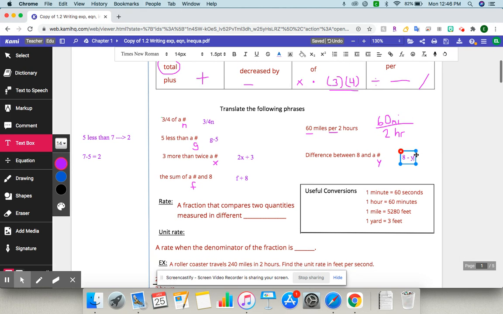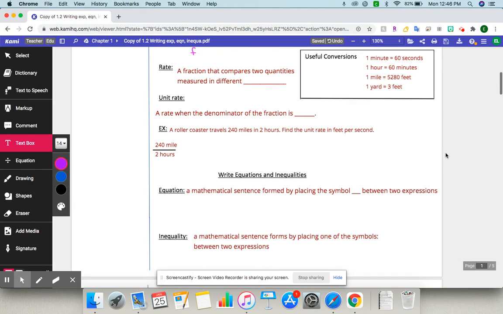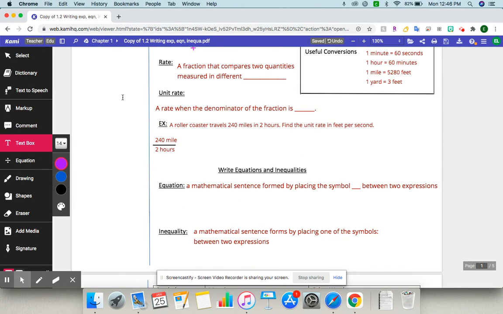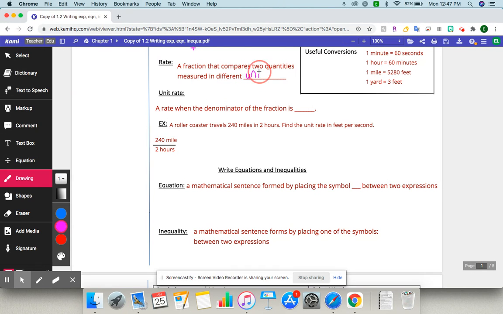So in this next section, we are talking about what a rate actually is. So a rate is a fraction that compares two quantities measured in different units. So that example above of 60 miles per 2 hours is an example of a rate.